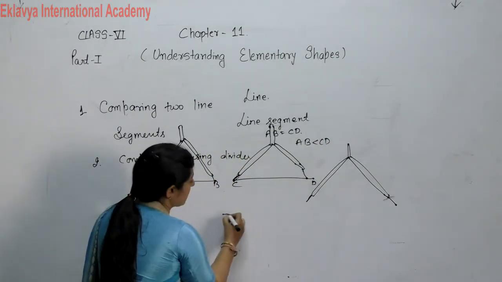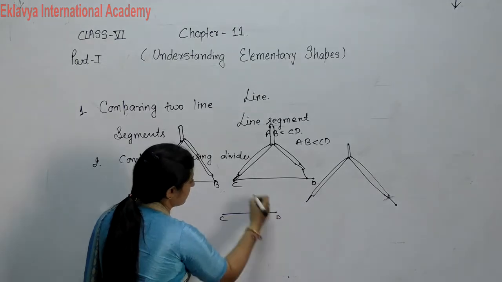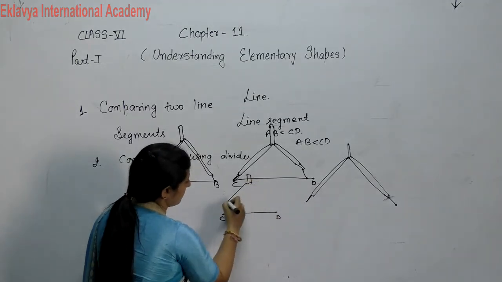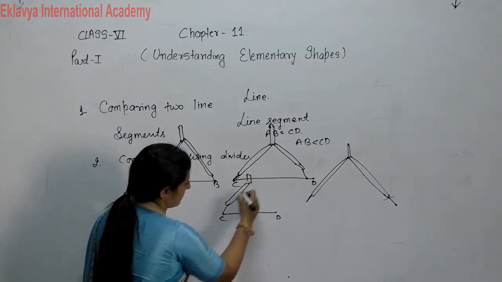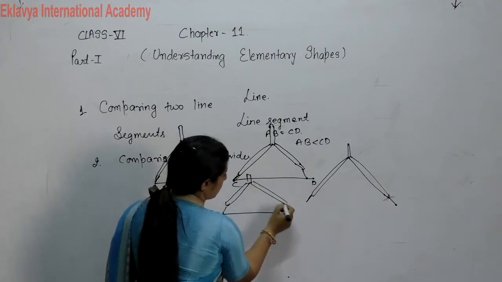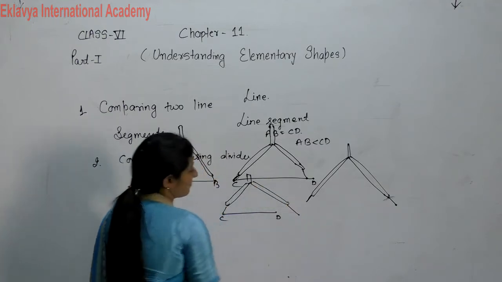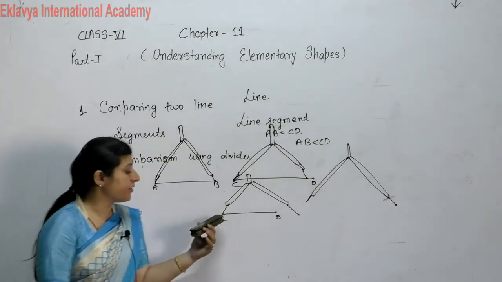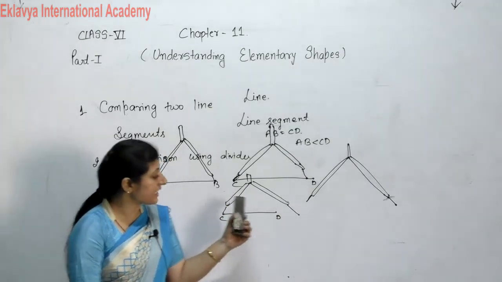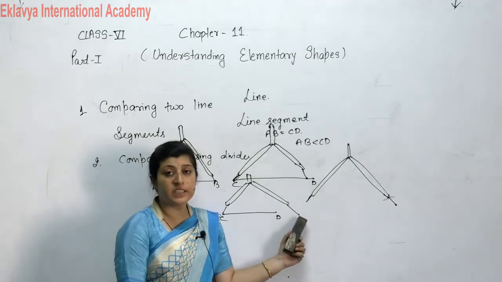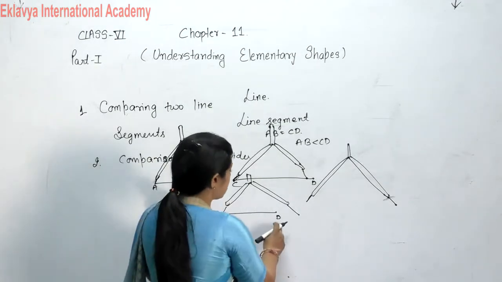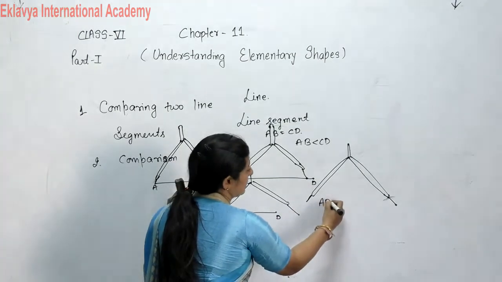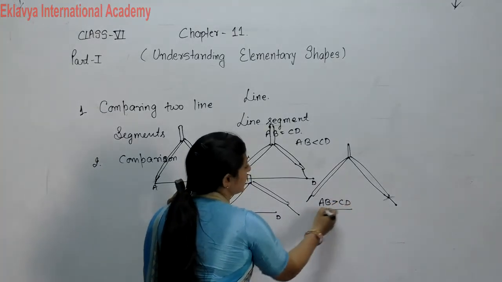But in the other case, the divider's first point we put on C and the second point is outside of D. Then we can say AB is greater than CD.